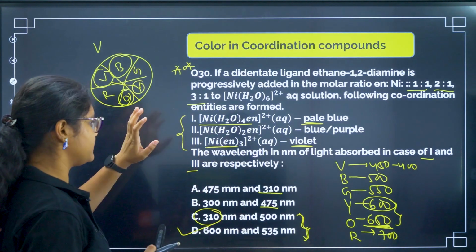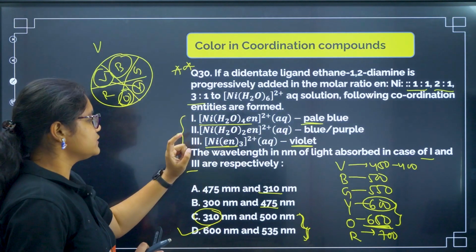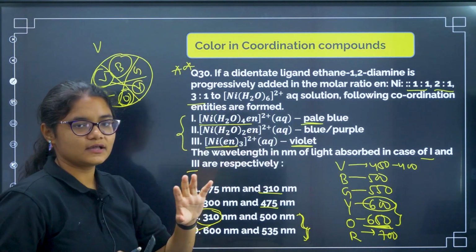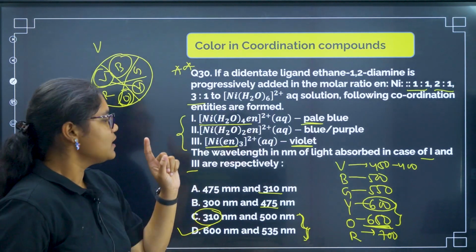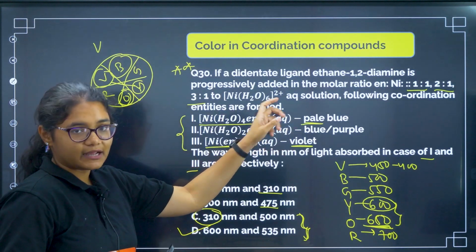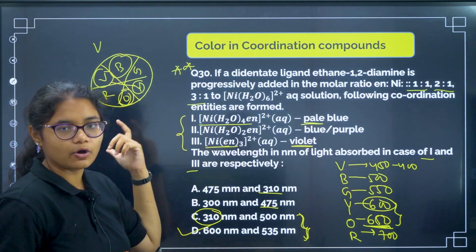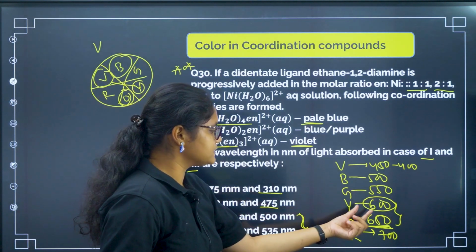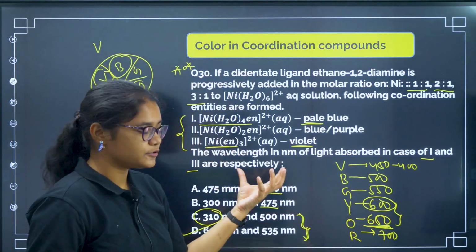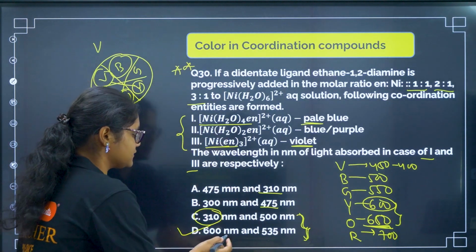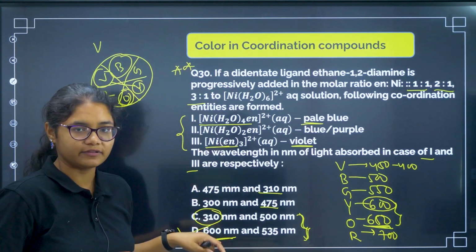Once again I'll repeat, a little tricky question. You have to check for first and third what light they have absorbed. If the first compound appears pale blue, it must have absorbed something in the range of yellow and orange. Yellow and orange lie between 600 to 650, so the first compound must have absorbed radiation of this wavelength.